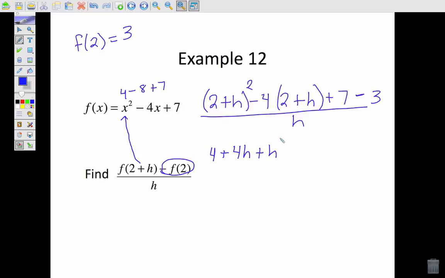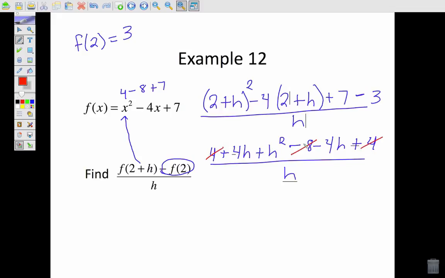Okay, we're going to FOIL this. 4 plus, you got 2h twice, that's 4h, plus h squared, minus 8 minus 4h, and 7 minus 3. All right, simplify.